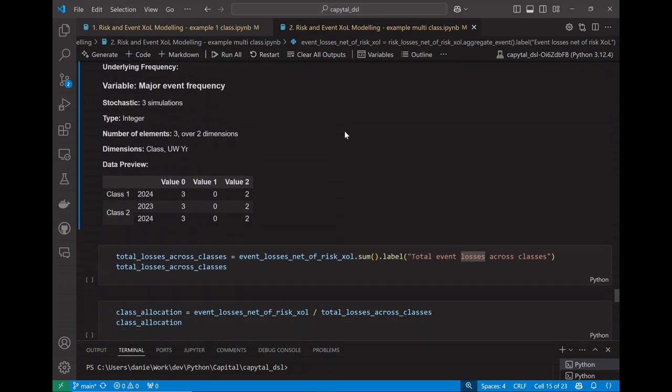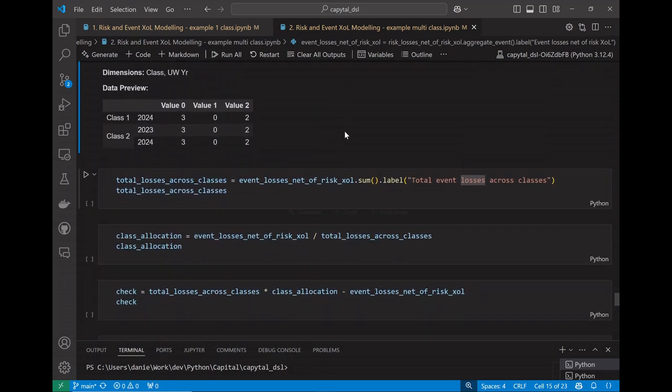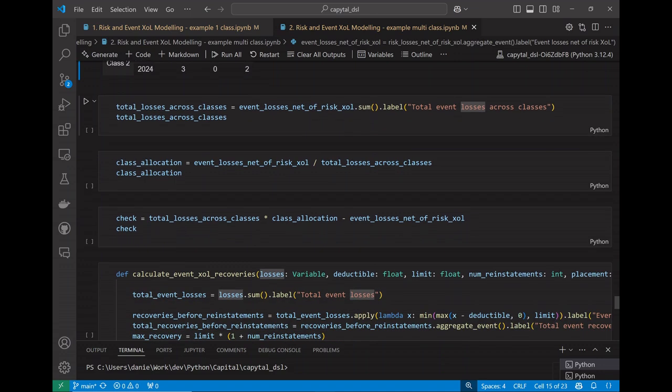But when we want to present our event losses to the event excess of loss cover, we want to be presenting the total loss across all classes and years, because we're allowed to aggregate up all the losses incurred on all the affected assets by that event across all the covered classes and years.